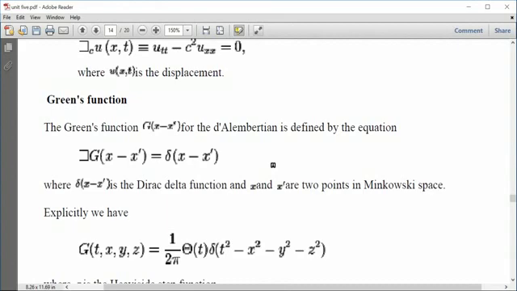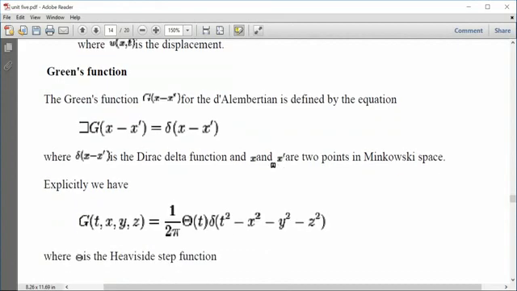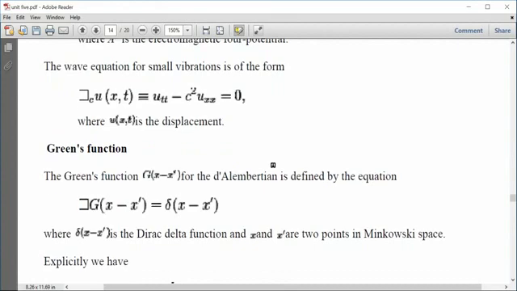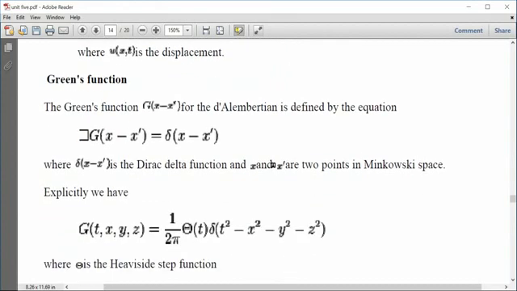Okay, Mr. Sylvester, let me also talk about the Green's function. The Green's function, which we are representing as G of x minus x prime, for the Laplacian, what we mean for the above formula is defined by this equation.